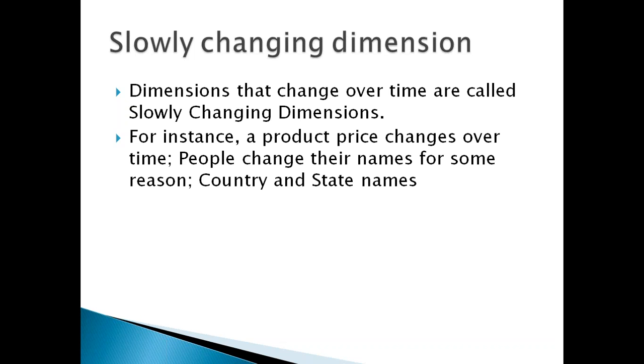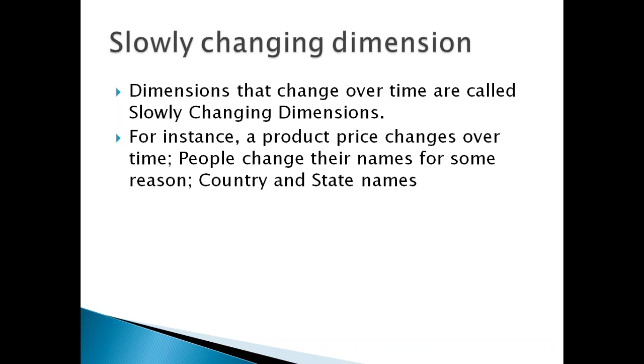There is no necessity that your product price will remain the same for 5, 10 or 15 years. It might be a longer time or a short time, but your product price will change. And some people change their names, their location, their addresses and everything. So what happens when you want to update this change in your data warehouse data? All of this comes under slowly changing dimensions.